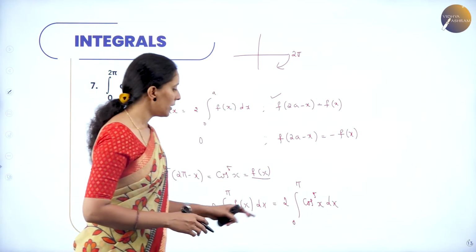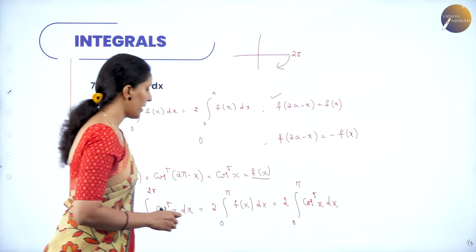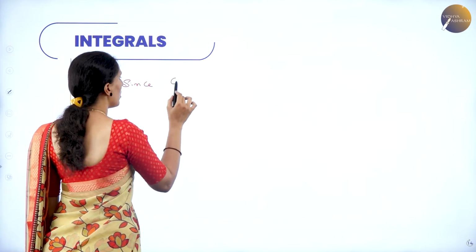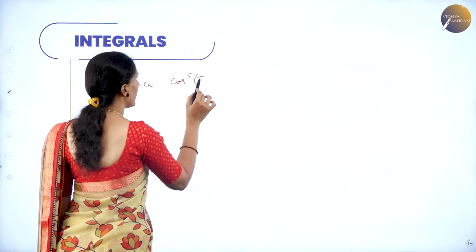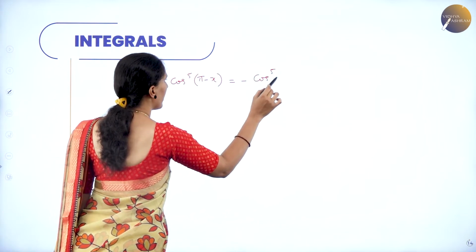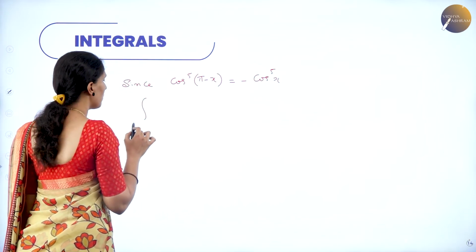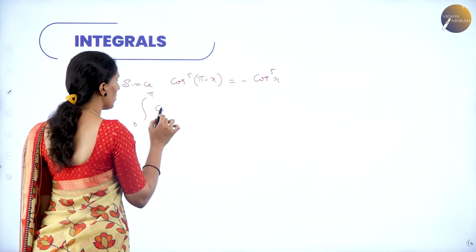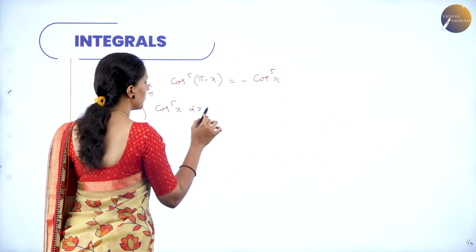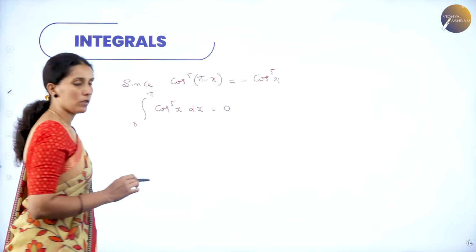Now again, let me see what is cos^5(pi - x). Since cos^5(pi - x) is equal to minus cos^5 x, the integral from 0 to pi of cos^5 x dx becomes 0.